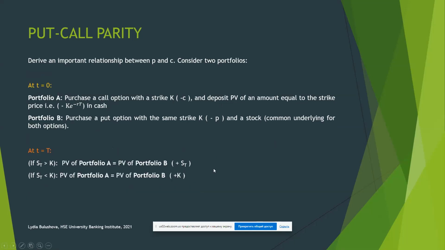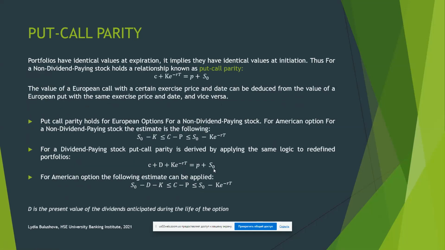If I have two different portfolios with identical results, that is, if the future values of the two portfolios are equal, it implies that the present values of these portfolios are equal as well.